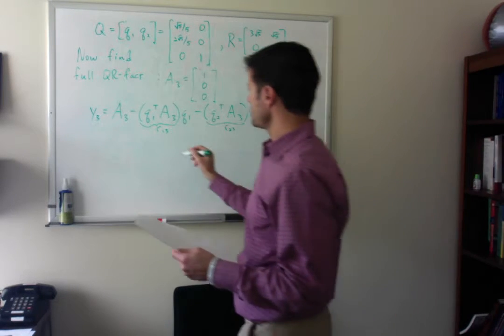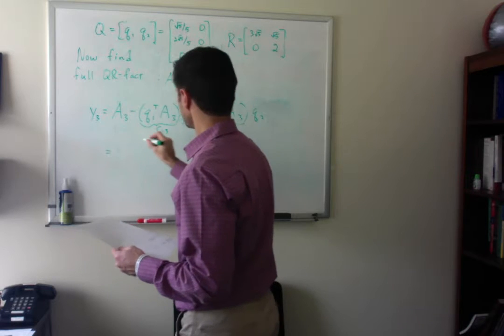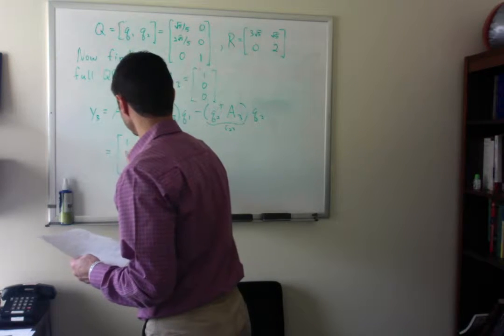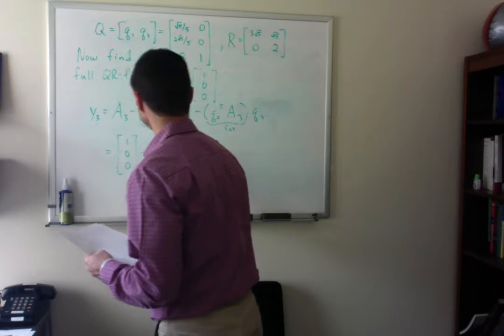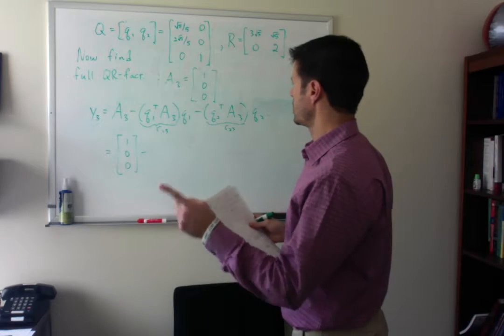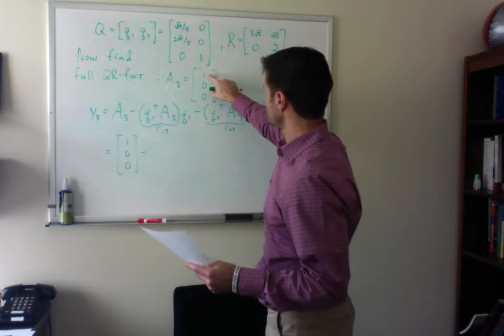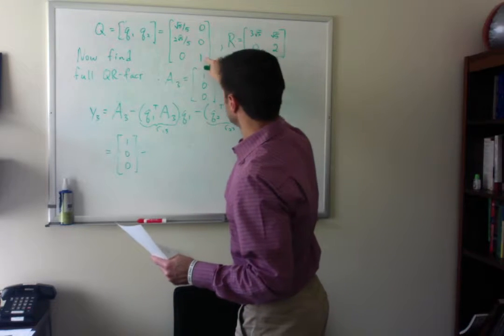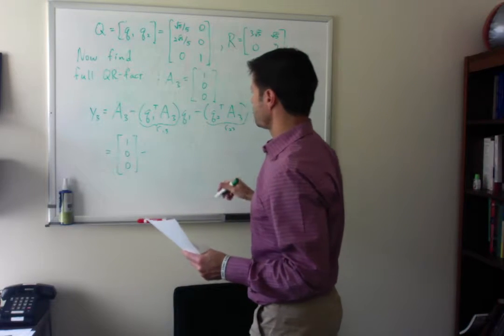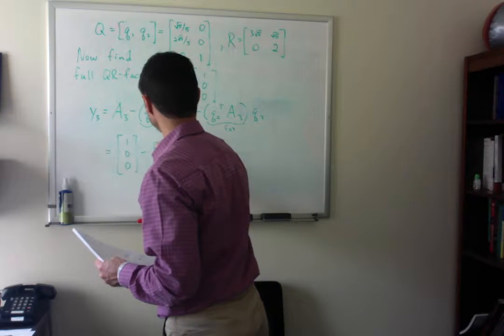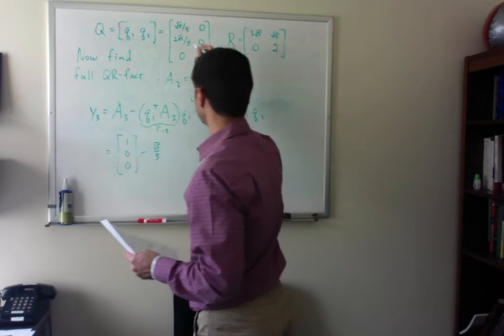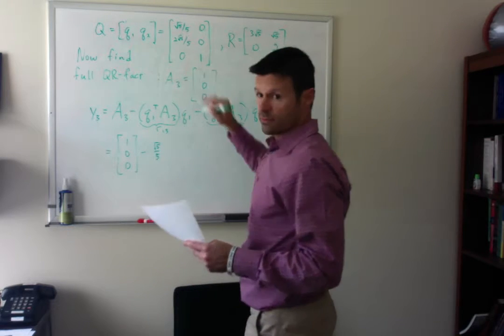So to compute all this, Y3 equals A3, which is 1, 0, 0, minus this dot product of Q1 with A3, that's easy to compute. I mean, A3 is nice. So really we just get 1 times this root 5 over 5, and then times Q1, so that's another root 5 over 5.